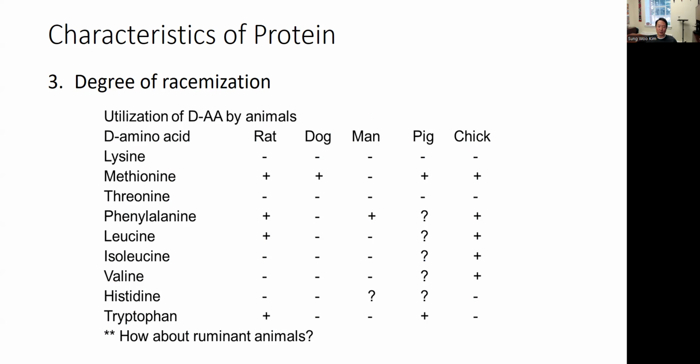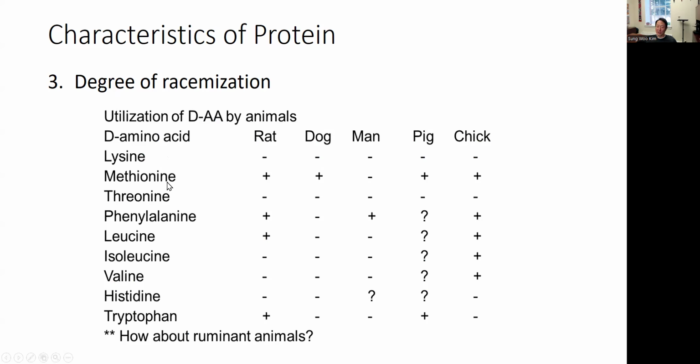So related to functionality of the liver by animal species. I have a rat, I have a dog, I have a man, a pig, and chicken. In the case of lysine, D-lysine, there's no report, no research showing these animal species can utilize D-lysine. So very poor conversion of D-lysine to L-lysine in the liver.